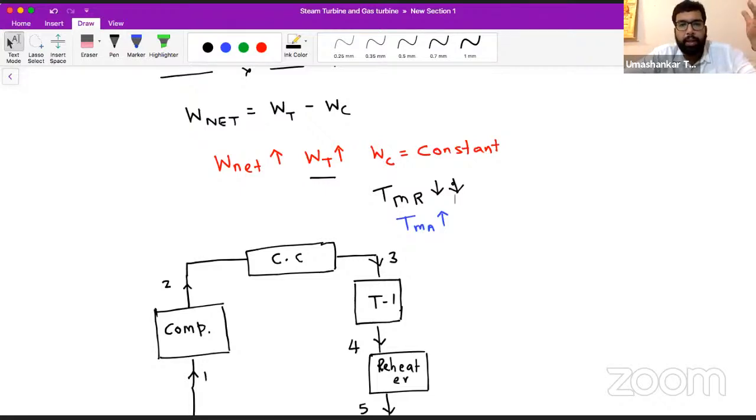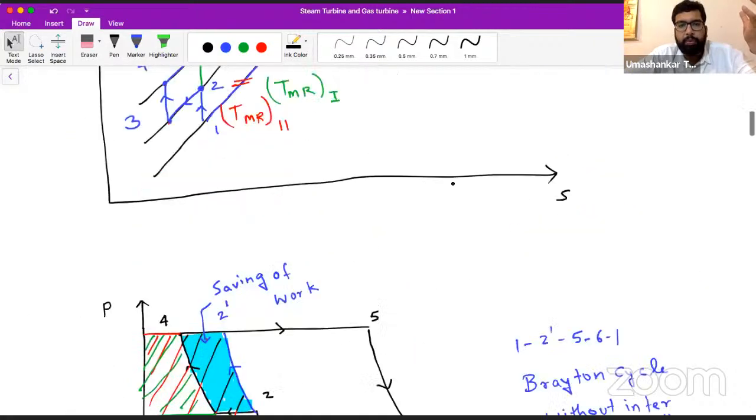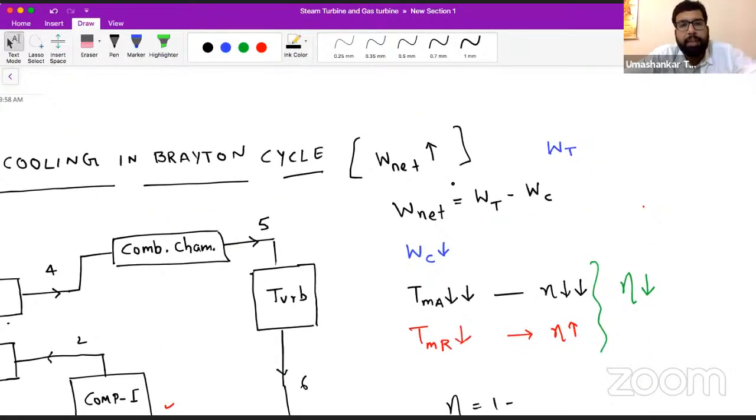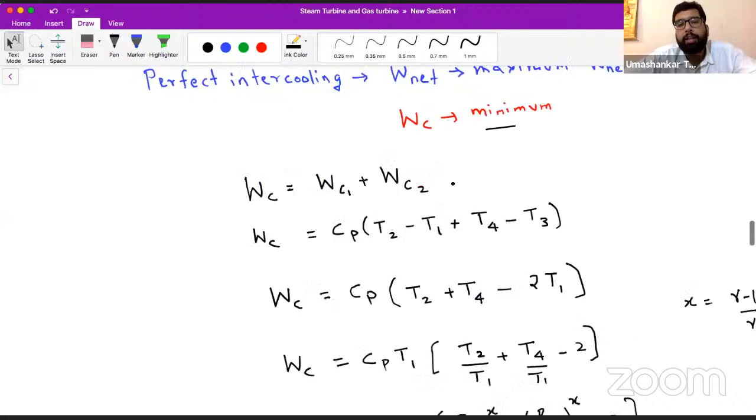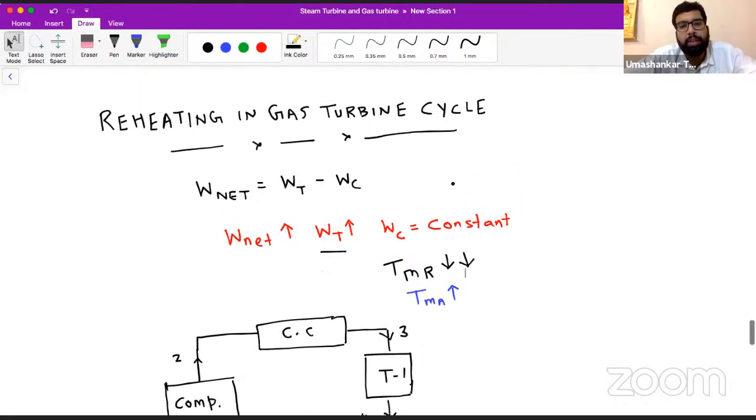Okay, let's just go there. In the intercooling cycle, what we were seeing, that mean temperature of heat addition was decreasing and mean temperature of heat rejection was also decreasing. But the rate of decrease of mean temperature of heat addition is more. That is why the overall effect on the efficiency is decreasing.